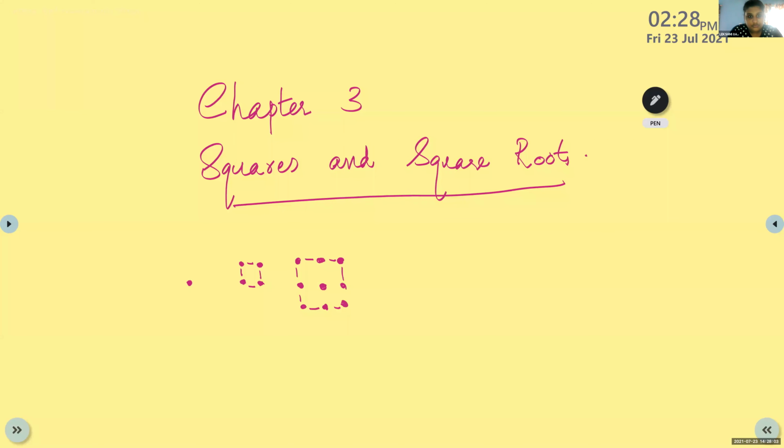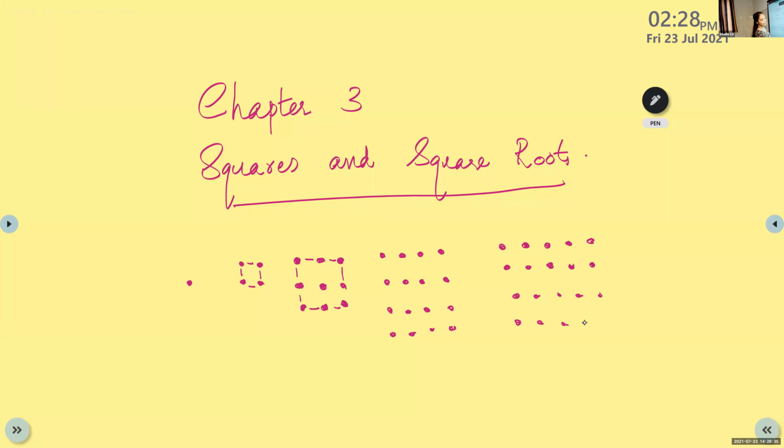Second one, how many dots? 4. Next one, when it comes in a square shape, how many? 16 should be there, right, children? You understood? Yes, ma'am. 16. What will be the next? 25. That means 5 dots in a column, 5 dots in a row.